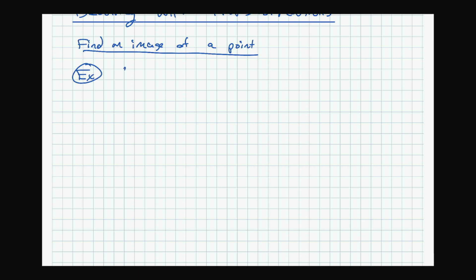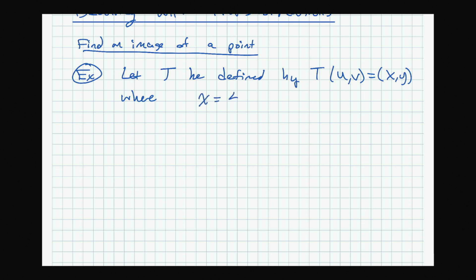They say, let T be defined by T of (u,v) equals (x,y), where x equals 4u cubed plus 6v cubed, and y is 9uv.